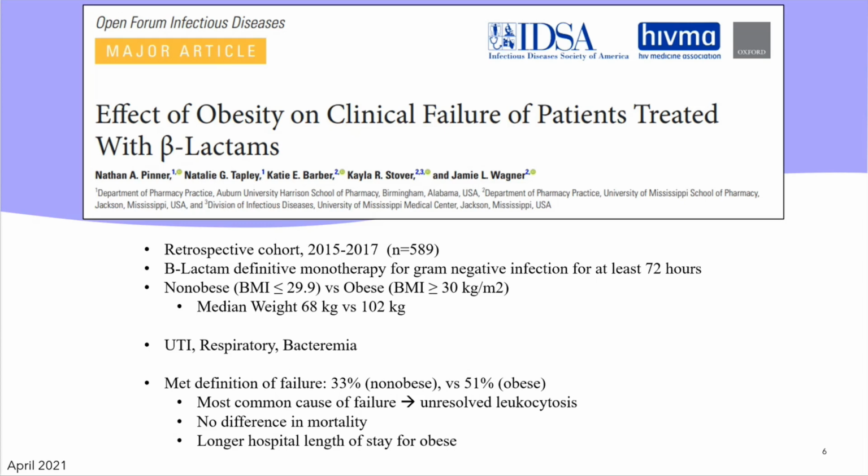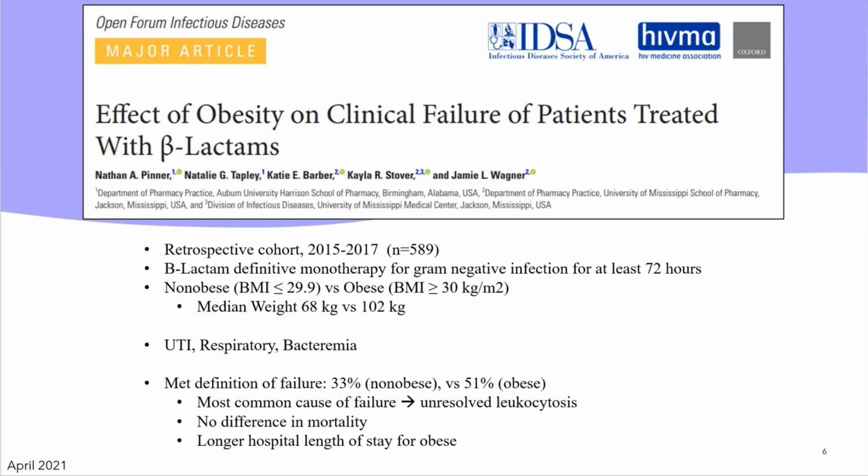The median weight in the non-obese group was about 68 kilos, and in the obese group was 102 kilos. The most common types of infection in this cohort were UTI, respiratory tract infections, or bacteremia.